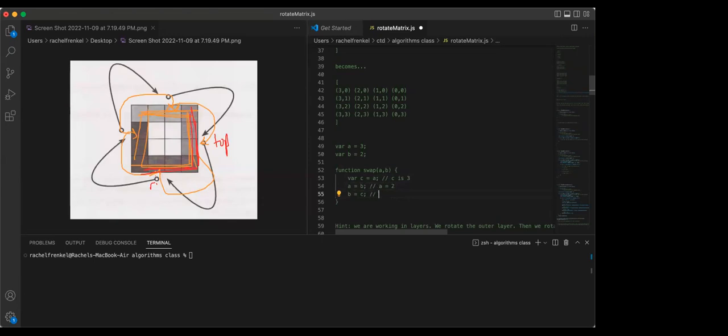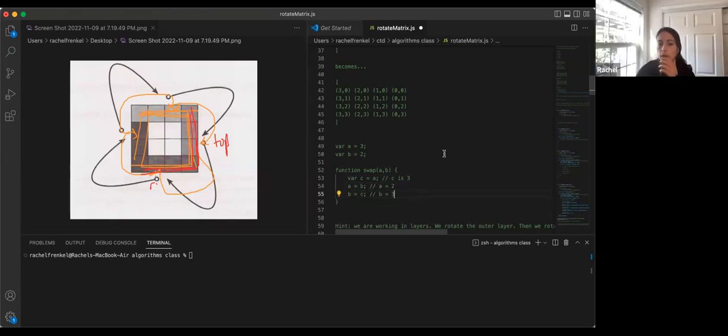Perfect. Okay, great. So exactly as Strika said, you couldn't just say A gets B and B gets A, because if you did A gets B, A is 3, B gets A, well, now A is not what it was before, so now it's going to get 3 as well.